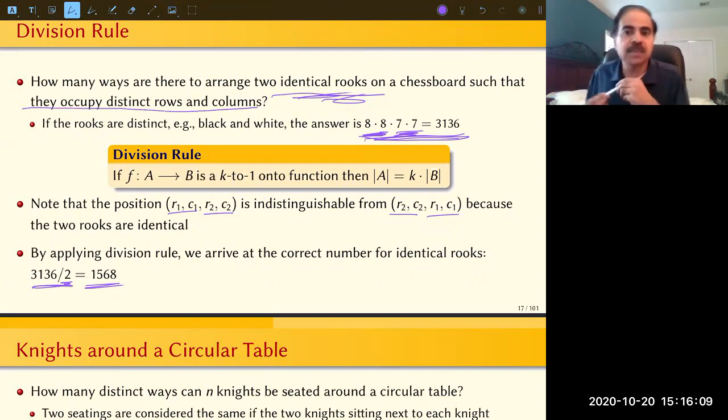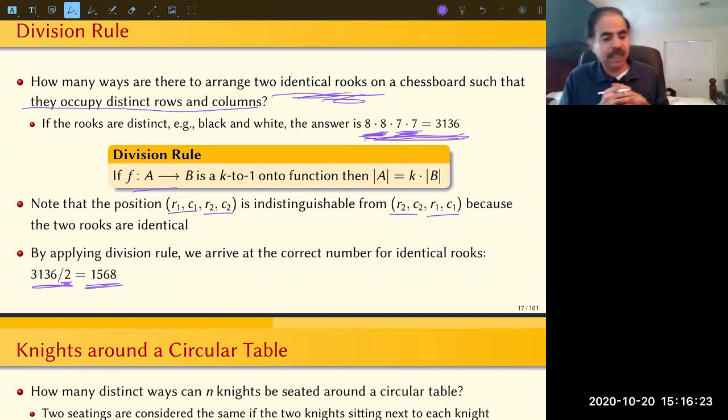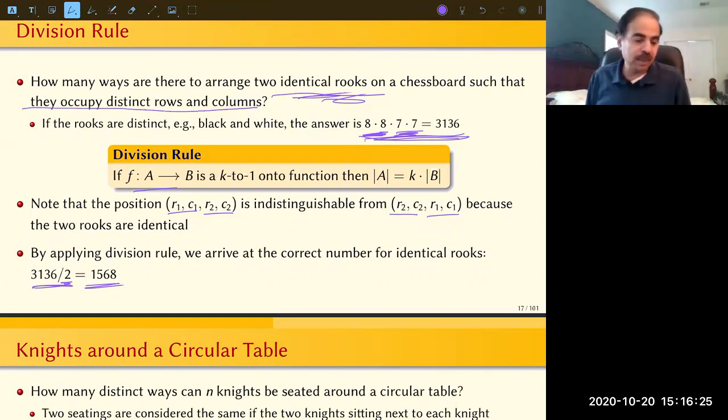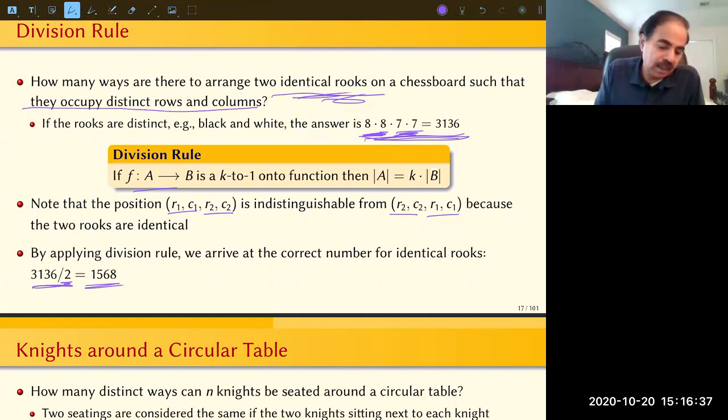Again, sometimes we miss the possibility that we are counting sets which do have some overlap, right? And in the case of the division rule, we often fail to apply it. We think that the arrangements we are considering are all distinct and distinguishable, but many times they are not. And therefore you end up making mistakes.